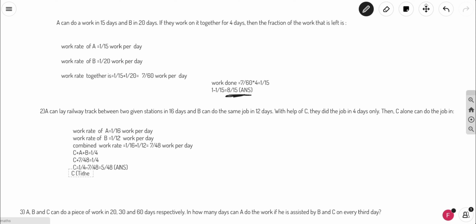So the answer will become time is equal to 1 upon 5 upon 48, which becomes 48 by 5. So the answer is 48 by 5 days.